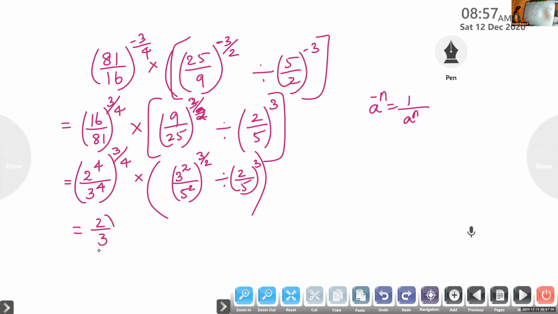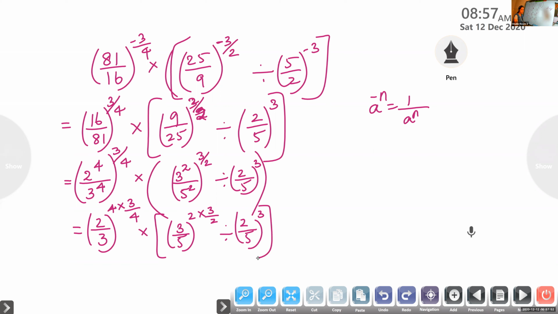A raised to m, b raised to m means that power we can take as common. So here 4 and 4 will get cancelled, and 2 will get cancelled. So you'll get 2 by 3 the whole cube into 3 by 5 the whole cube divided by 2 by 5 the whole cube.